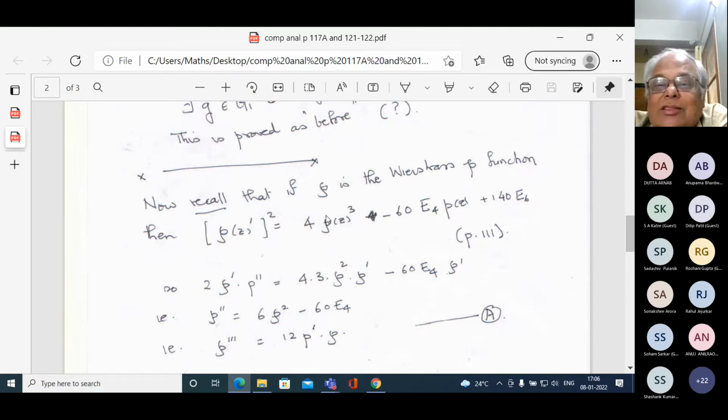So P prime squared is 4P cubed minus 60 E4 P plus 160 E6.